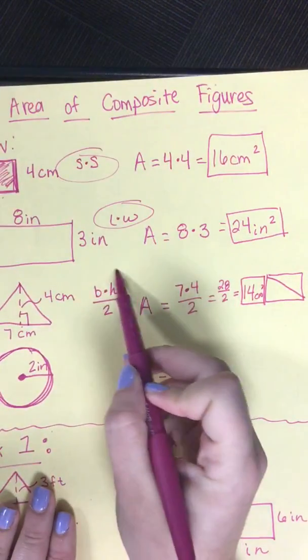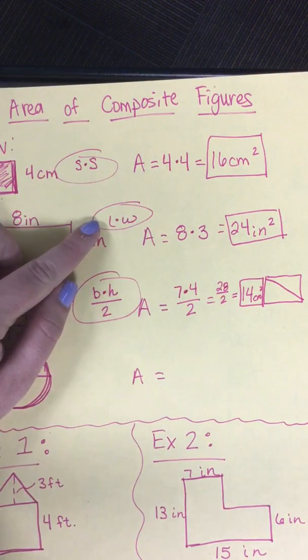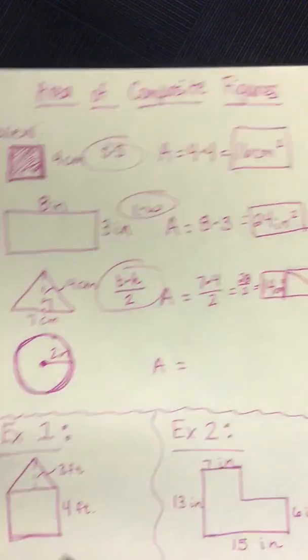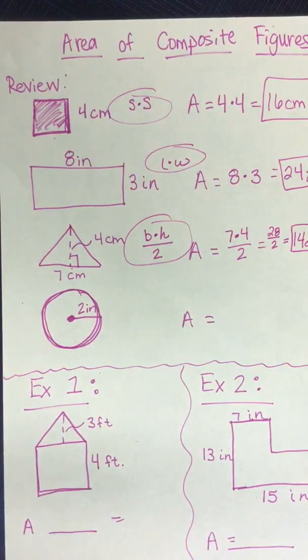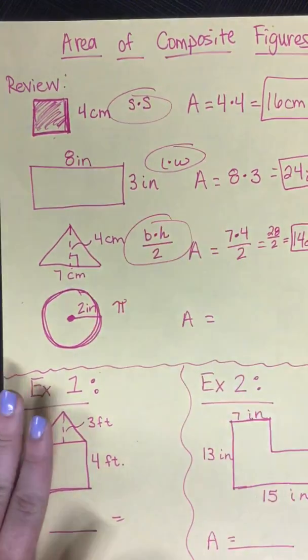All right. So we've done 3 formulas. Side times side, length times width, base times height divided by 2. Our last one is a circle. Who remembers the formula for area of a circle? Oh, we know that it has this in it, right?